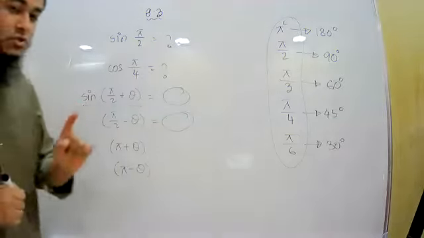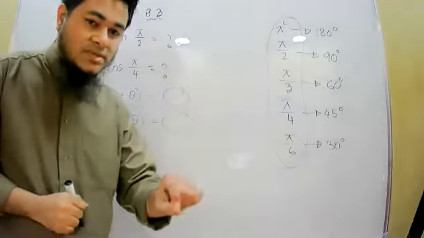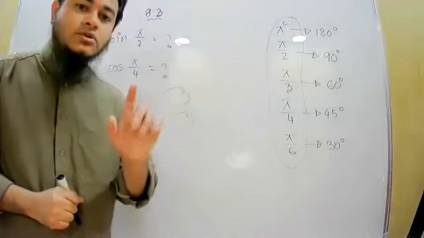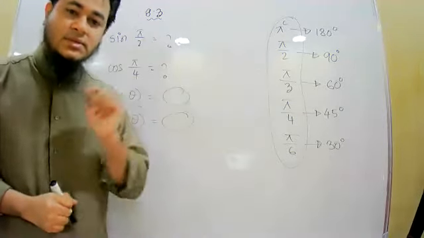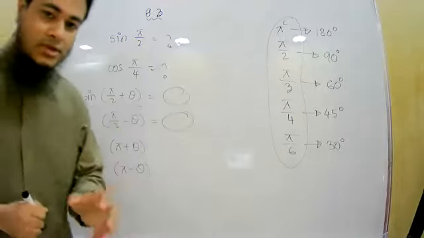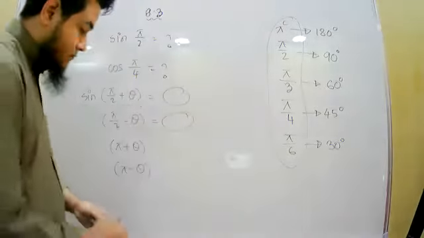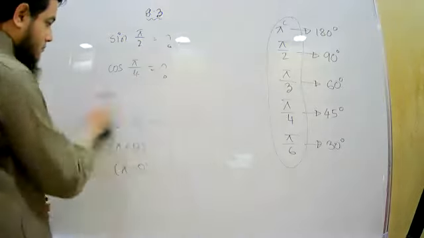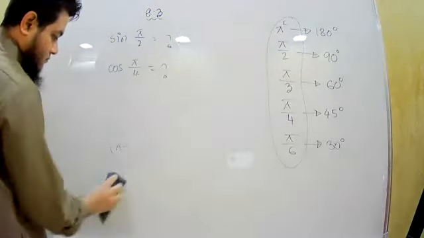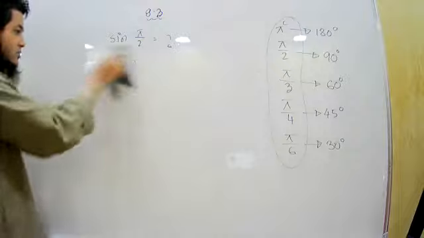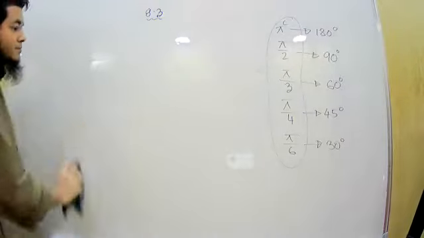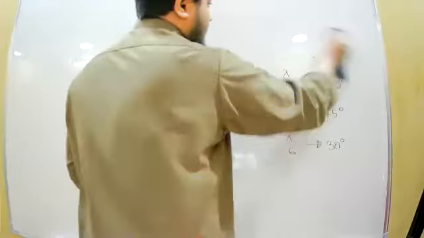Now for this you must remember which ratio is positive in which quadrant. This one you should have studied in exercise 8.1. Can anyone tell me who all are positive in the first quadrant? Sir, all are positive. Very good. All are positive. Who is it? Naren. Yes, sir. So all are positive in the first quadrant.